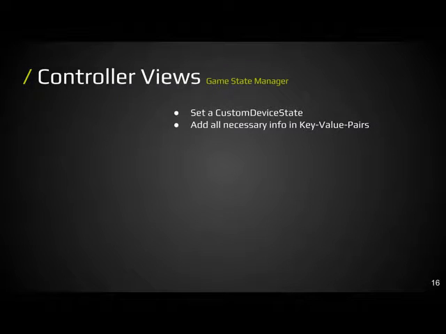Device states can be used from all devices, so both the screen can set a device state and every controller can set a device state. For this particular example, the screen sets a device state, and a device state is basically a lot of key value pairs.